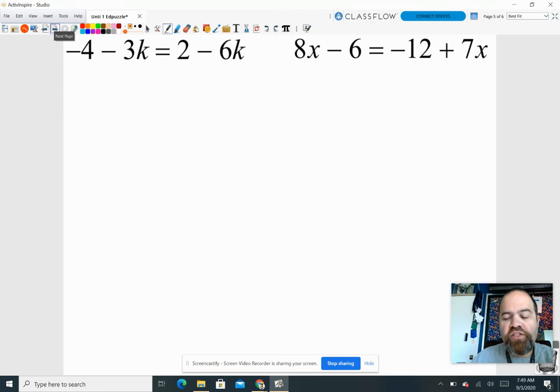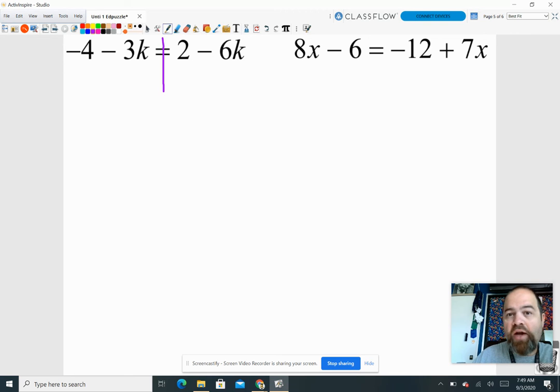Okay, this is very similar to the last one where you have like terms. The issue with these is that your like terms are on opposite sides of the equal sign. So I can't just add them together. I have to physically remove one of them from one side to get it over to the other.